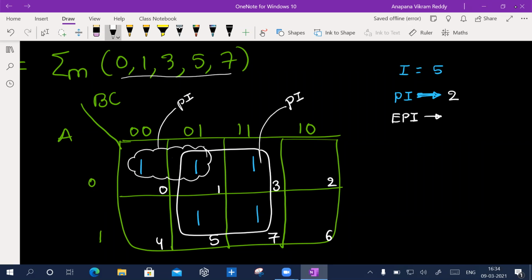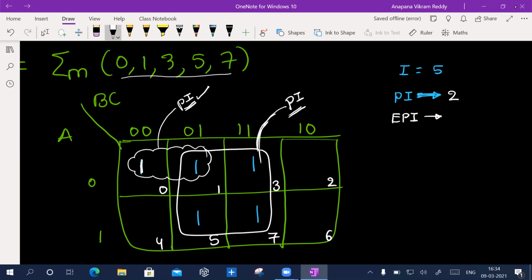Now I'll take this PI. Okay, this one, you tell me with whom he is covered here? With other PI. Other PI is what? This PI, yes or not? So one of this PI is not covered with any other PI. Yes or not? Any other means in this case I have to quad.